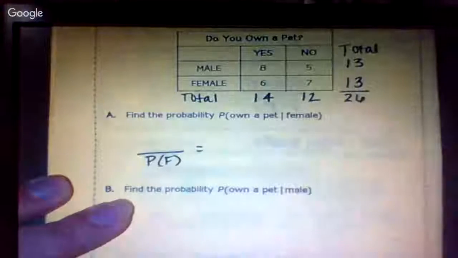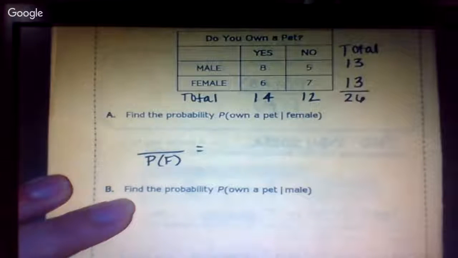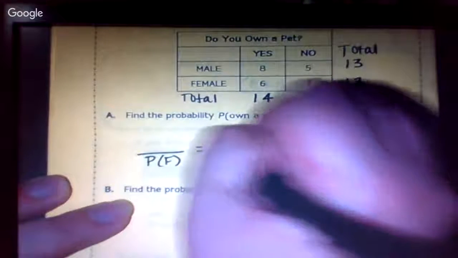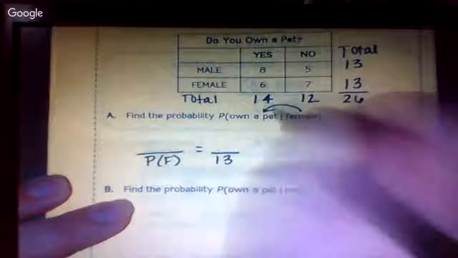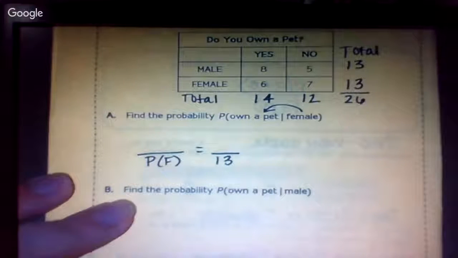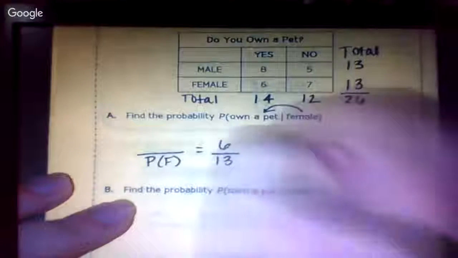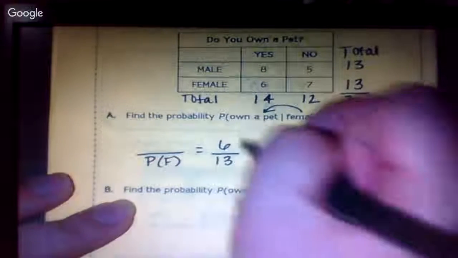So in the bottom, I need the probability of a female. How many females do I have? 13. Of those females, how many own a pet? 6. There's your answer.